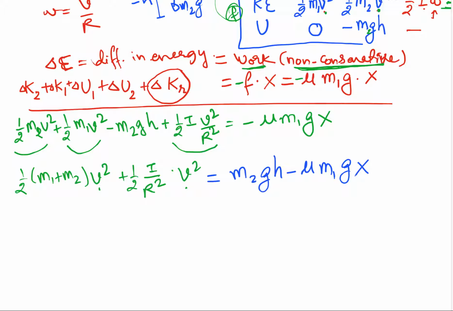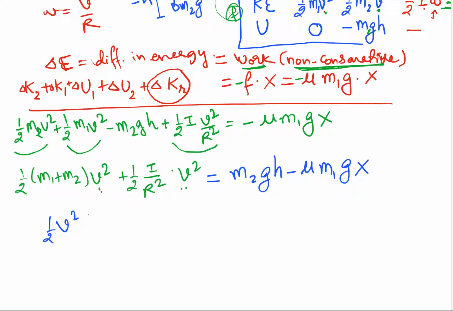So that is the net work done by the potential energy and the non-conservative force here. So in this case, I have now separated out the v square. I can take v square as a common factor here, and I can also take out the half just for simplicity.